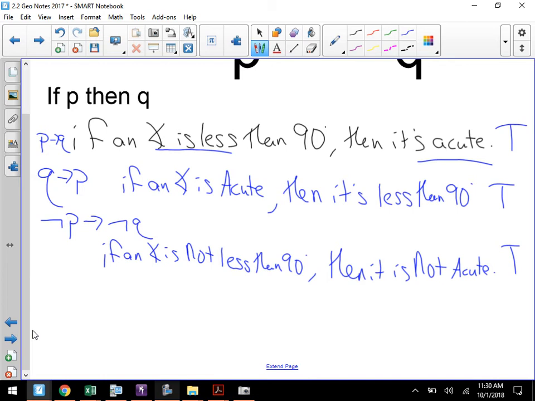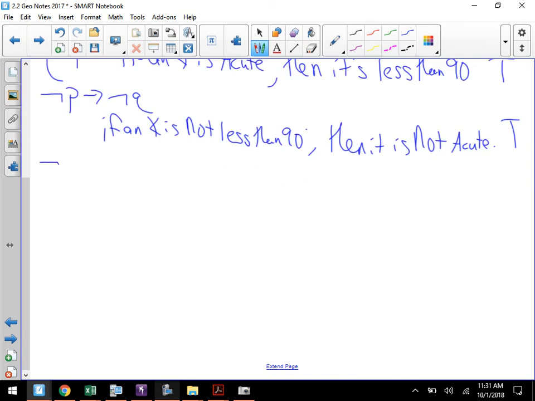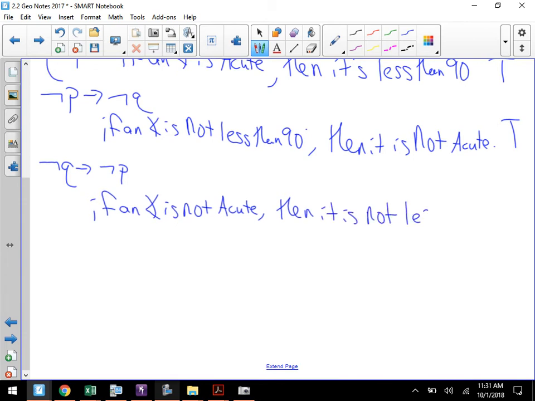It's just because in the name itself. All we do is take what we just did and flip it. If an angle is not acute, then it is not less than 90 degrees.